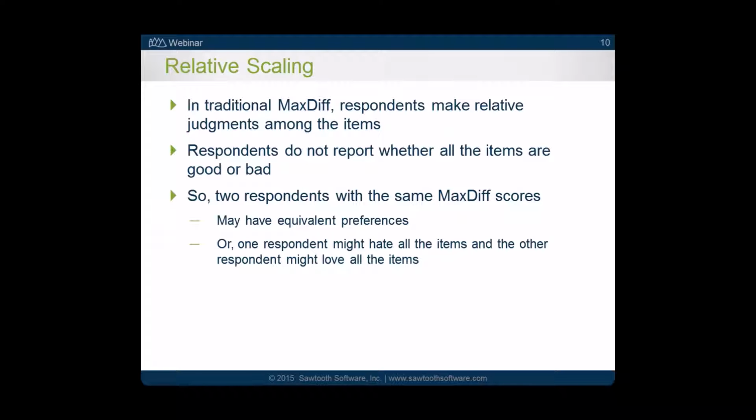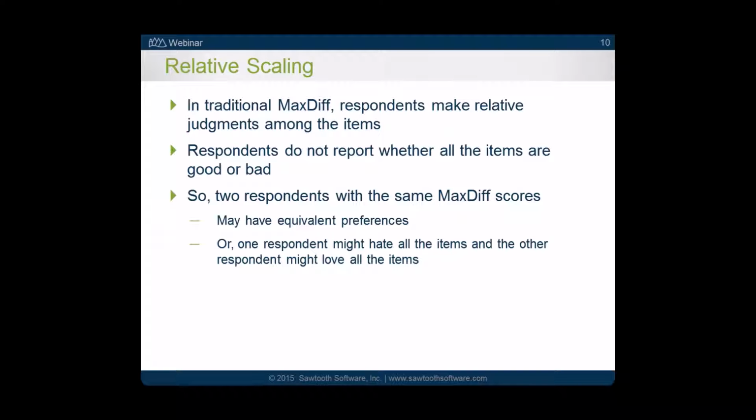So it's entirely possible we could end up with two respondents with the same MaxDiff scores, and we wouldn't know: do these two people really have the same set of preferences, where they like chocolate, like vanilla less, and strawberry the least? Or could it be that one person hates all three flavors and the other person loves all three flavors?